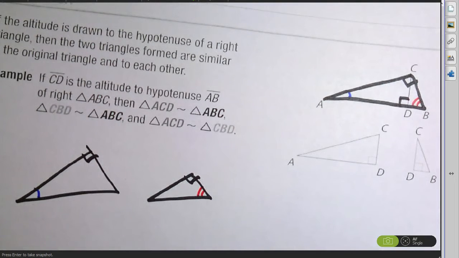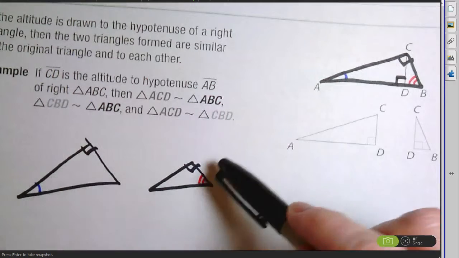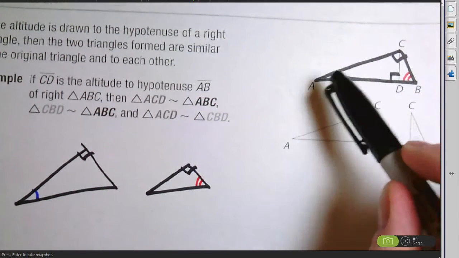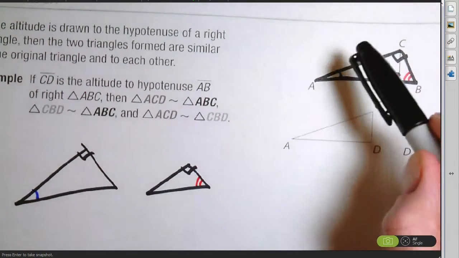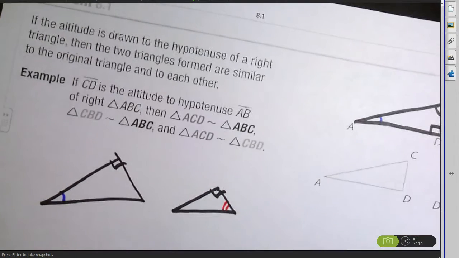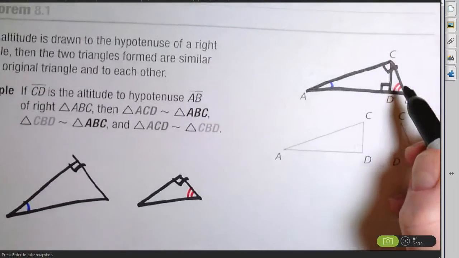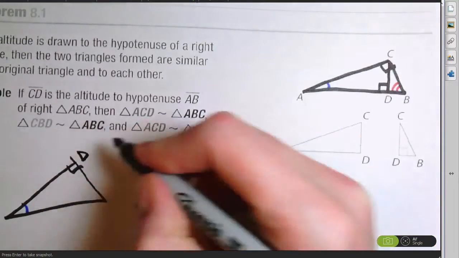Okay. And now what happens is these three triangles all match up. So the big one, the single blue is A, the right angle C, the double red is B. Well, for the medium-sized guy, this one here, the right angle is D. Oops, sorry. The right angle is D, so it's a D here.